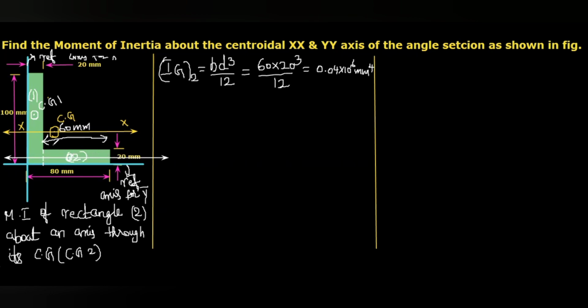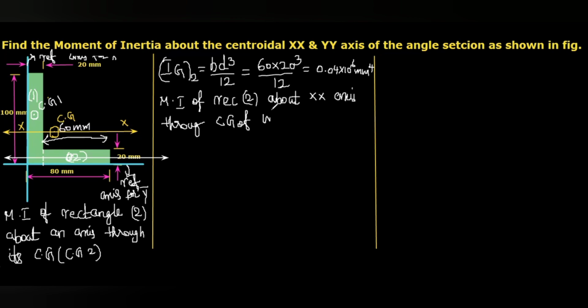But we need moment of inertia with respect to this axis. Okay, that is moment of inertia of the rectangle 2 about xx axis. That means this axis passes through CG of whole section.